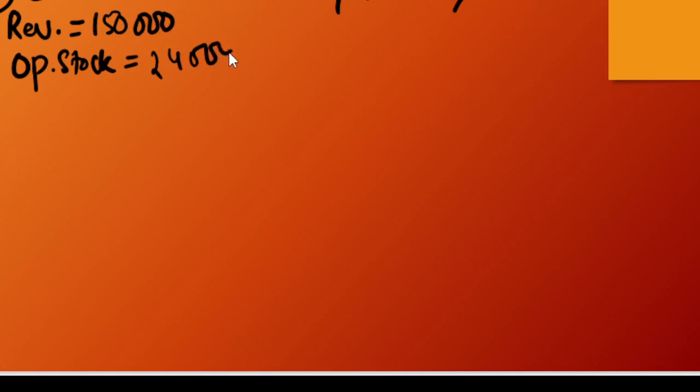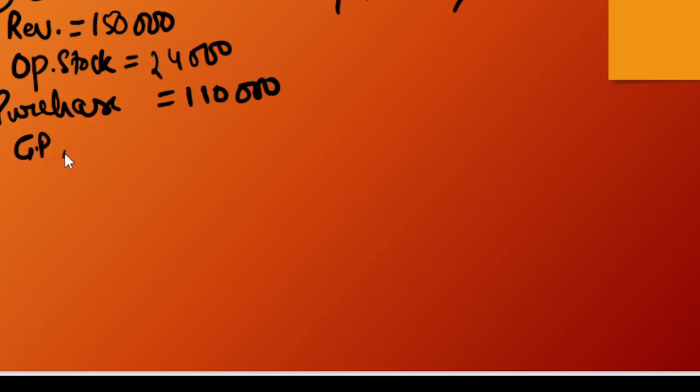For that they gave you revenue, that is $150,000, and opening stock is also given to you, opening inventory and opening stock are the same, that is 24,000, and purchases is also given, that is 110,000 for example. And GP margin is 30% or 20%, any digit you can take.